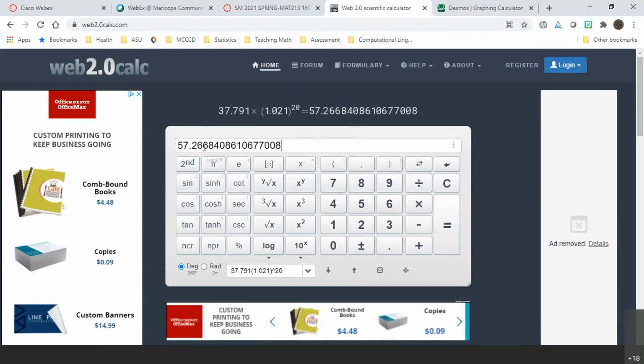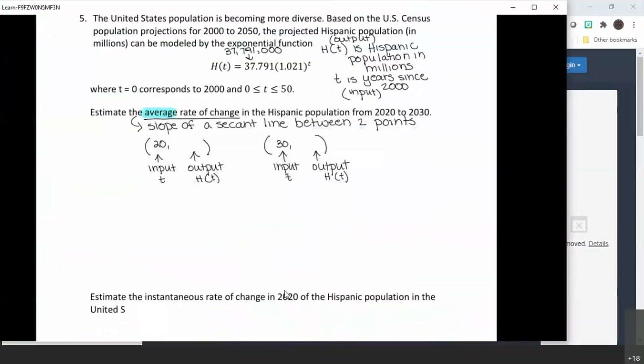So that's 57.27, rounded to hundredths. Everybody see how I got that? I just plugged in a 20 for my T value and I got the H of T that went with it. So this is going to be 57.27.